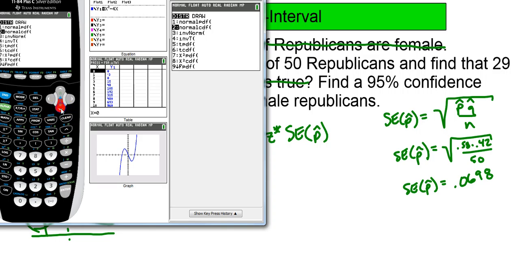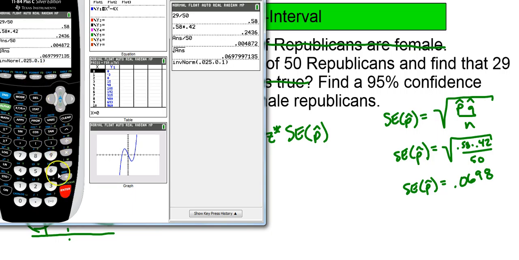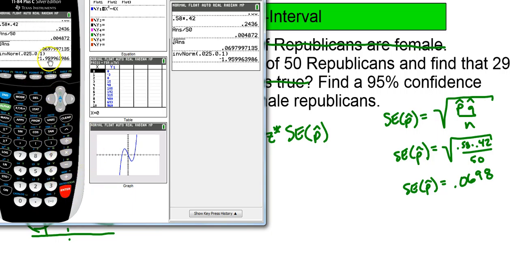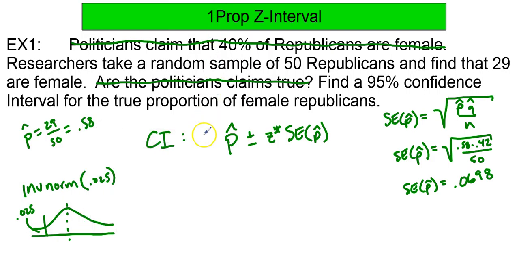Distribution, inverse norm. We want 0.025. So that's going to be negative 1.95 or negative 1.96, or just 1.96 on the other side.